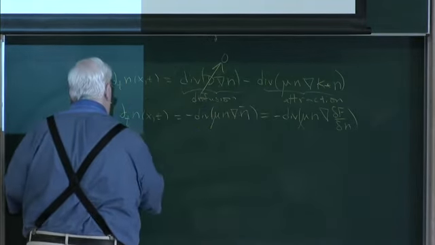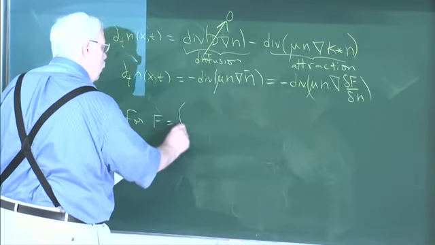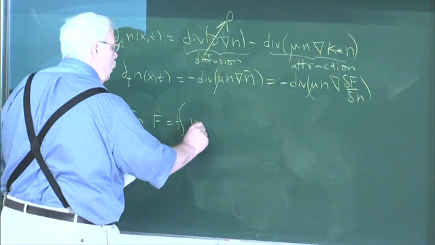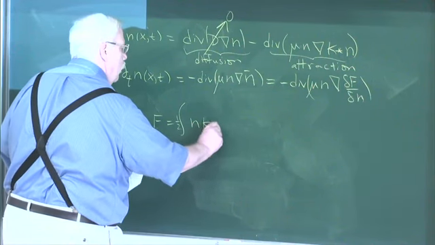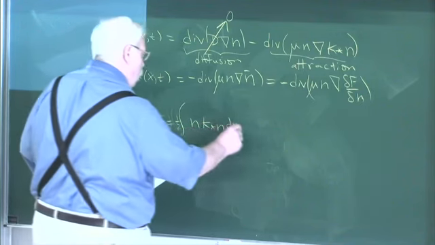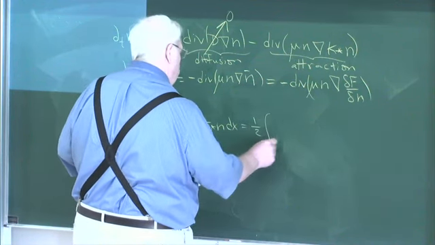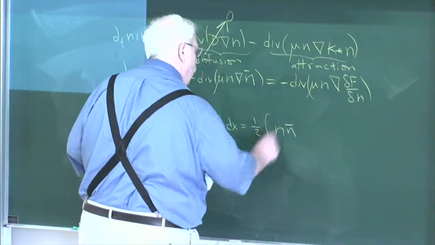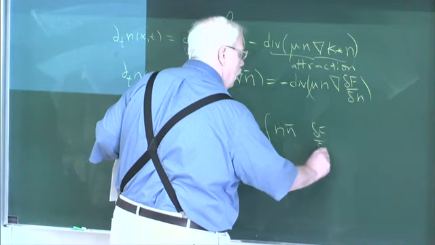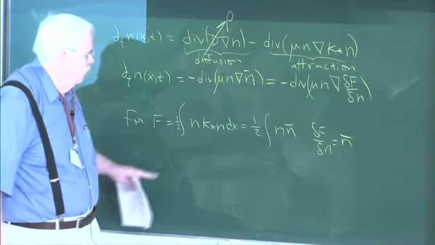For F, the integral of 1/2 integral of n K star n dx, but we can just think about it as 1/2 integral of n n bar, so that delta F delta n is n bar, right?